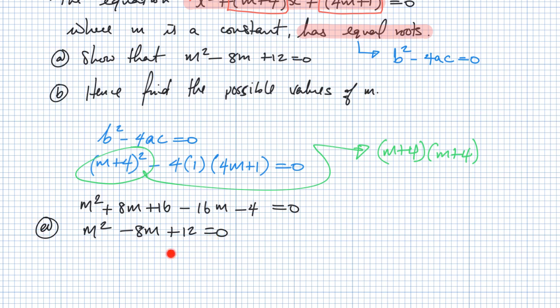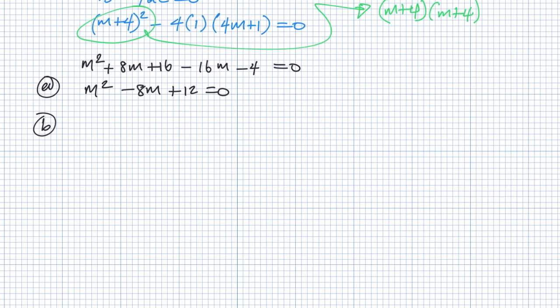Obviously now when they say find possible values of m, all you do need to do is just solve that. And obviously, because you are a very, very good mathematician, we may try to factorize this, which it can be factorized. I'm not going to go into that. If you don't know how to factorize, check out my video on factorization of quadratics.